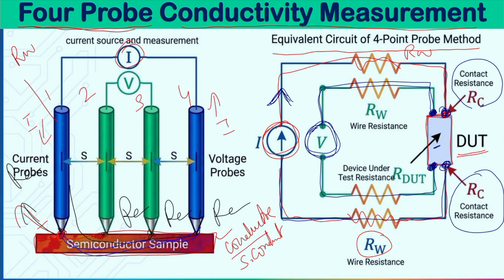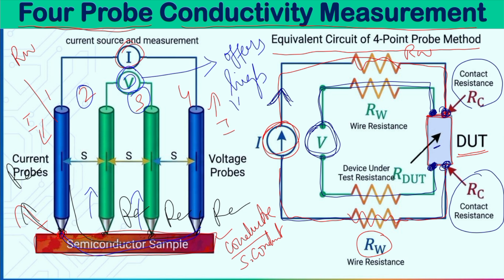However, when the current wants to go through this, the current in this voltage probe, that is probe 2 and 3, is very less. Why? Because the voltmeter that we connected here offers high input impedance.